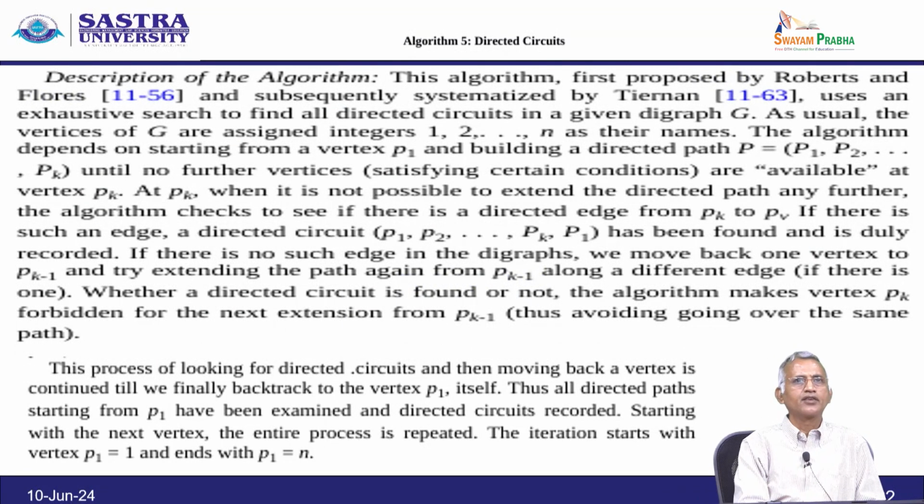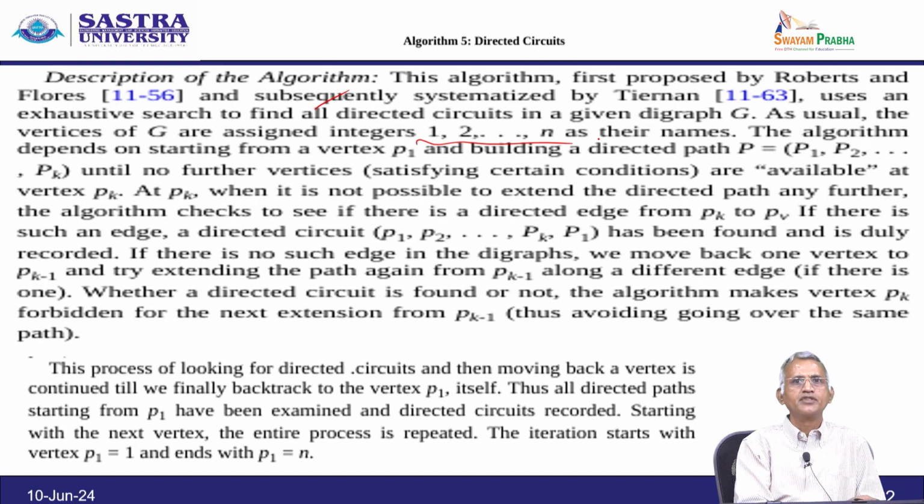Next, directed circuits. The algorithm, first proposed by Roberts and Flores and subsequently systematized by Tiernan, uses an exhaustive search to find all the directed circuits in a given digraph G. As usual, the vertices of G are assigned numbers 1 to n.